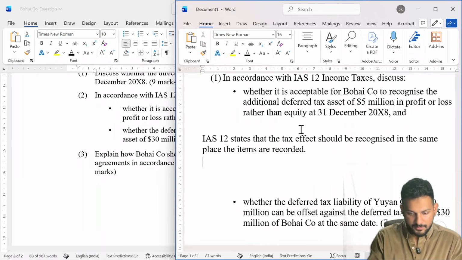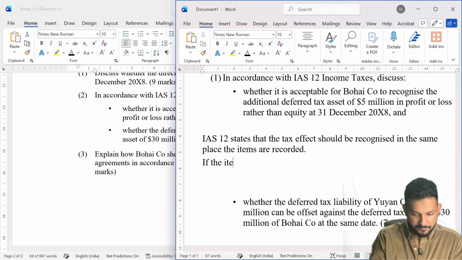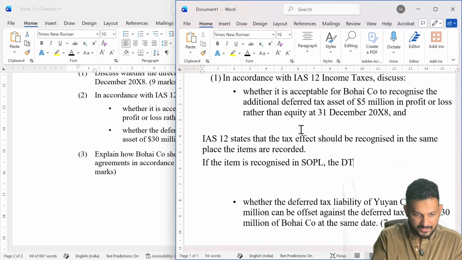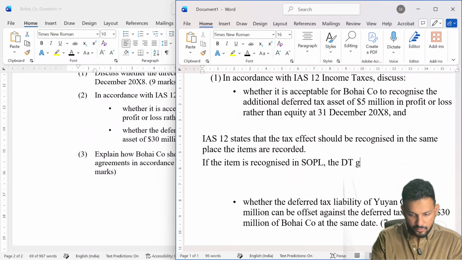That means if the item is recognized in SOPL, the deferred tax goes to SOPL.